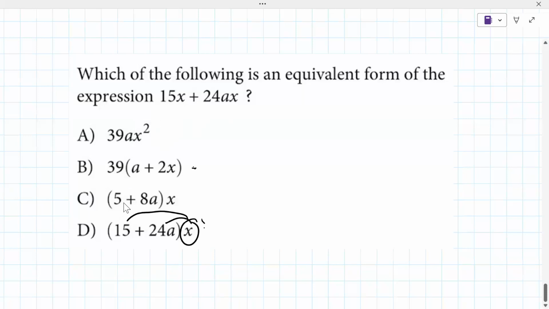C is like you factored out 3 and then I don't know, you just didn't write it or something. But they're all weird, right? Like they're not really like the right factored form. That's why it says equivalent form. Equivalent does not mean factored. It just means, are they the same? Okay. So you see these on occasion. Like this is not a good math question, but it is a standardized test question.